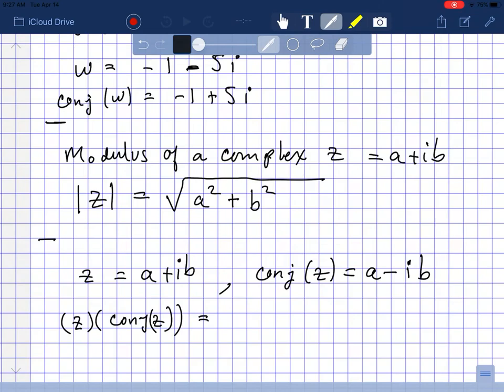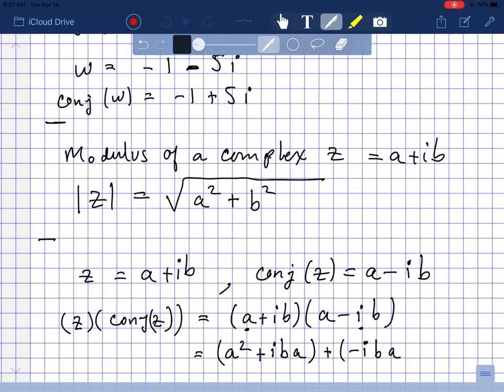And this is equal to a plus i times b times a minus i times b, which is equal to, well, it's going to be a squared plus i times b times a, right? And then it's going to be plus minus i times b times a, right? So it's this term here times this term over here.